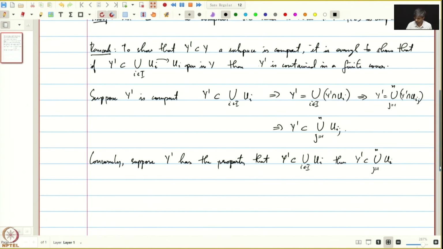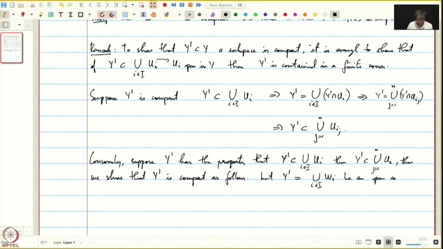Then let us show that Y prime is compact as follows. First, let Y prime be equal to the union over i in I of Wi, an open cover of Y prime.